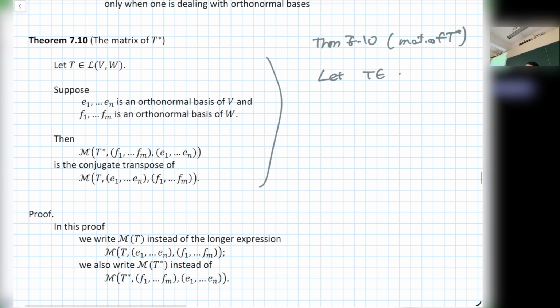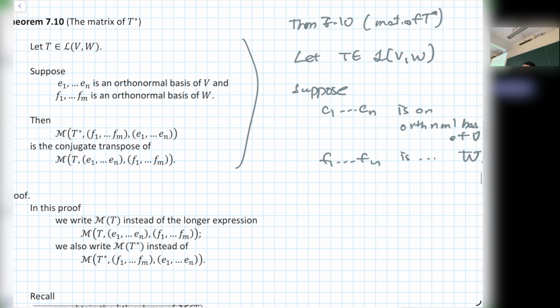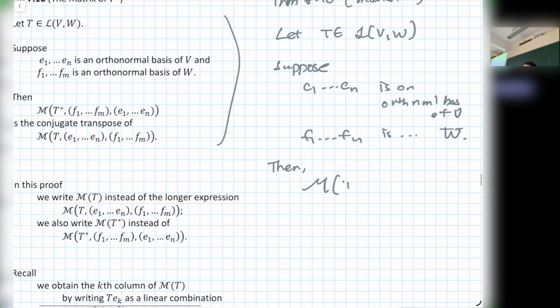So what is the statement? It says let T be some linear transformation from V to W, and suppose that E1 to En is an orthonormal basis of V, and suppose F1 to Fm is an orthonormal basis of W. This is fine, it's just defining the basis. Then the matrix element, a slightly different notation to what we were using in Hoffman and Kunze, but the idea is the same.